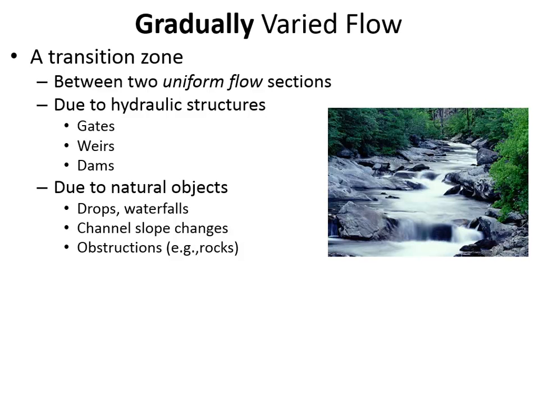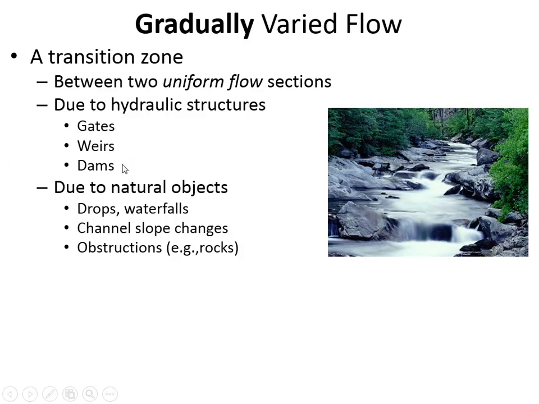By gradually varying flow, what we mean is a transition zone where the depth or the velocity, some characteristic of the flow, is changing as a function of position. And it can be because of a change in slope, or it can be because of an engineered structure like a gate, a weir, a dam.